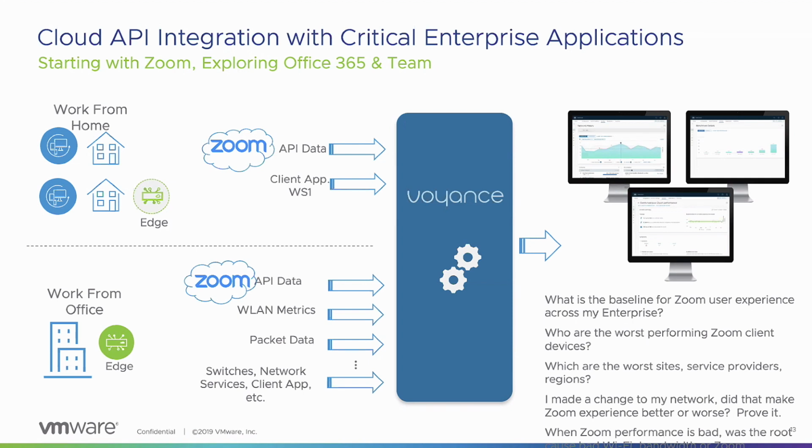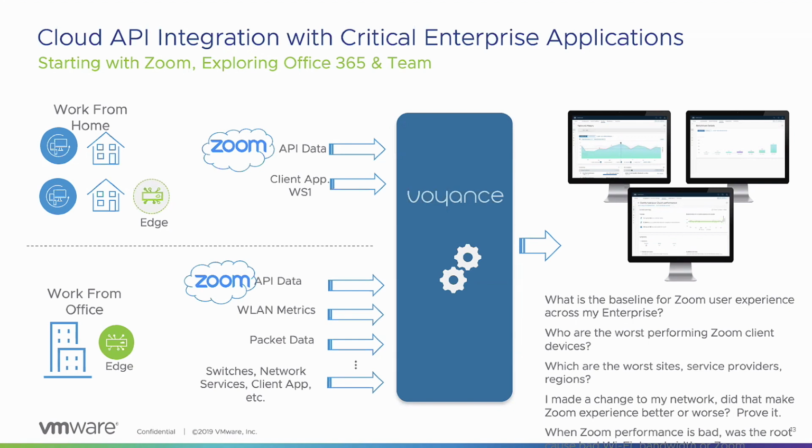So let's say at VMware, VMware IT would authorize the Voyance app to collect QoS data from Zoom and nothing more than QoS data from Zoom. And basically we would ask the Zoom API or the Zoom cloud, give us for every single client device in VMware, the list of client devices and all of their QoS data for their Zoom calls.